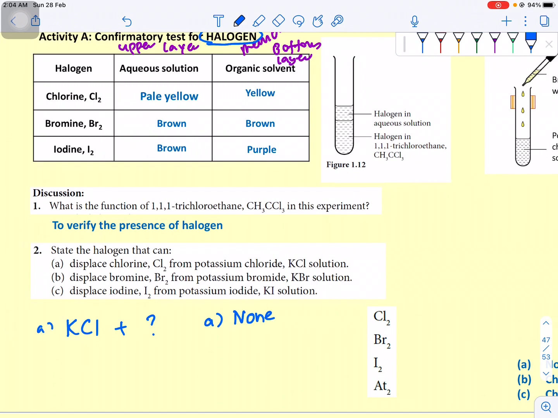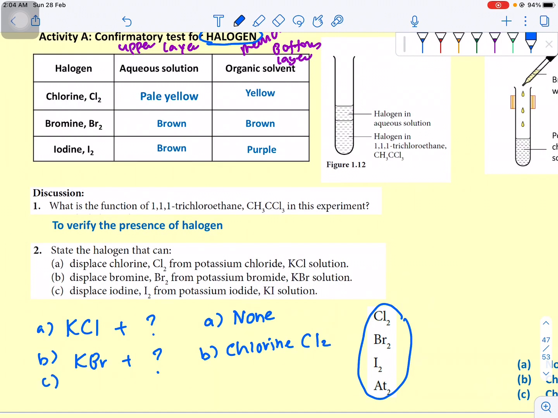How about B? B, that displaces bromine from potassium bromide. So which halogen can displace bromine from potassium bromide? Look at the list. Above bromine there is chlorine, so the answer is chlorine, Cl2.